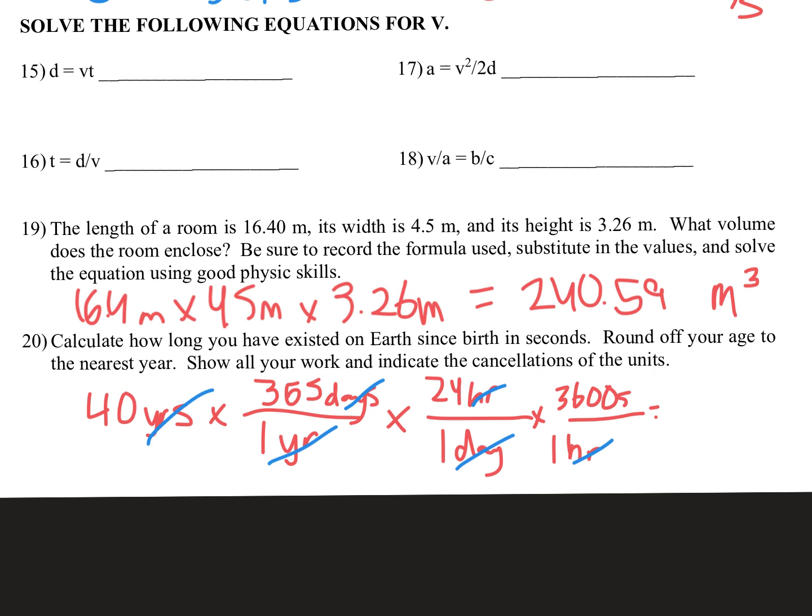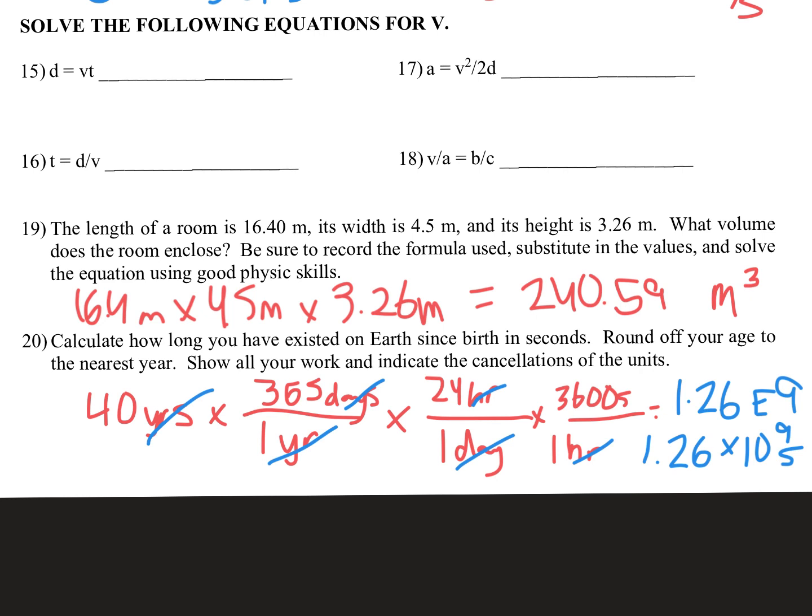In my calculator, I end up getting this, 1.26 E9. Do you know what that means? E9 means times 10 to the 9th power. So I've been alive for about 1.26 times 10 to the 9th power seconds.